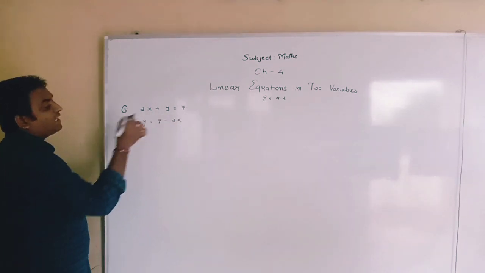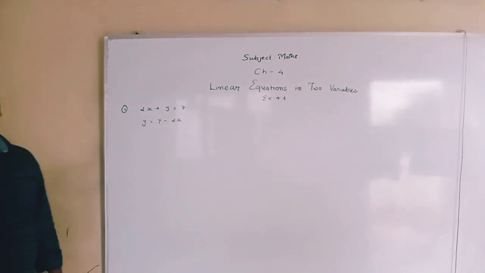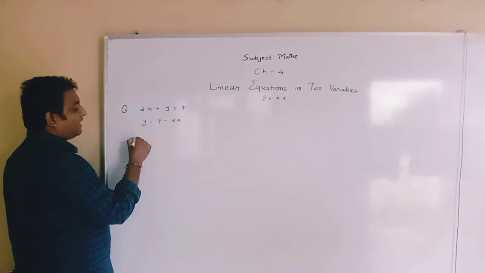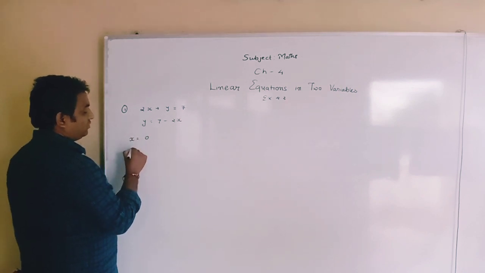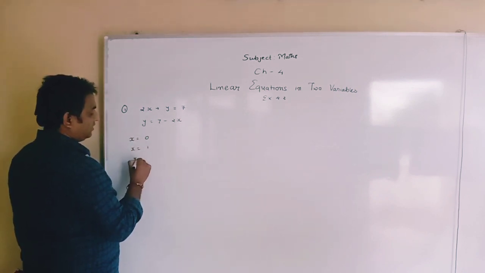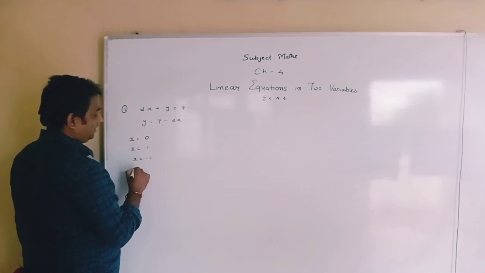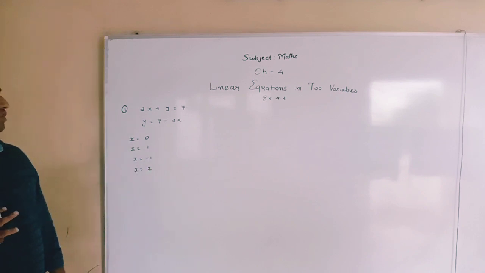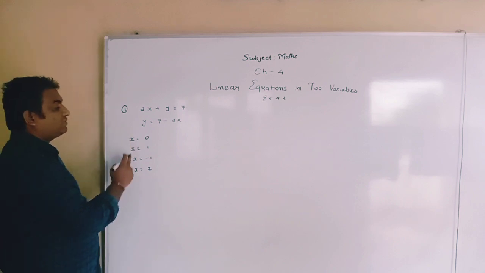So x is the independent variable and we can select the x value as our choice. So I select x as 0, 1, minus 1 and 2, because we want four solutions, so I have selected four x values.